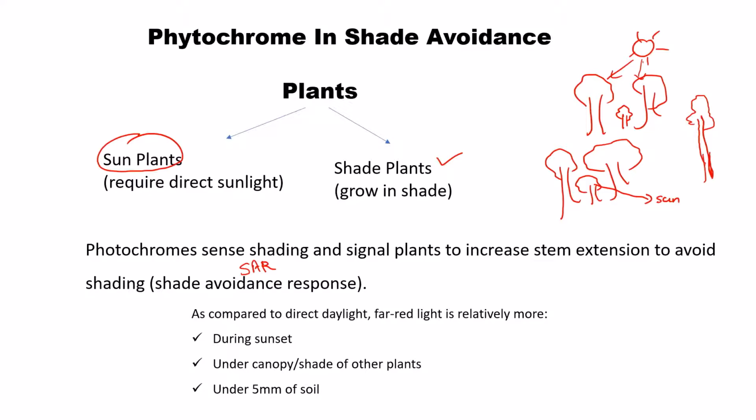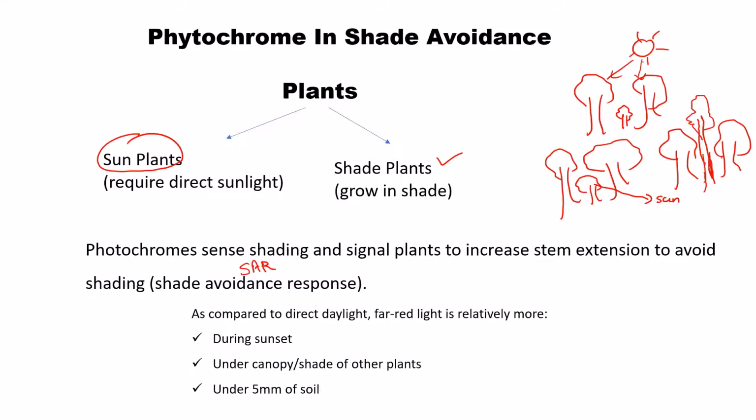That's why the plant will reduce its leaf size, have fewer branches and also fewer leaves. But it will become a taller tree, so it will get more direct sunlight. That is known as shade avoidance response.